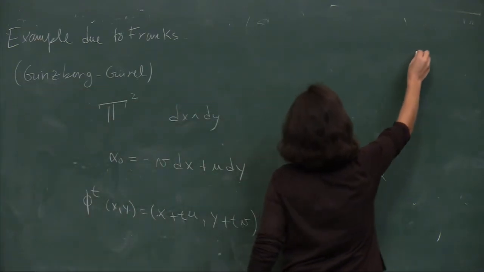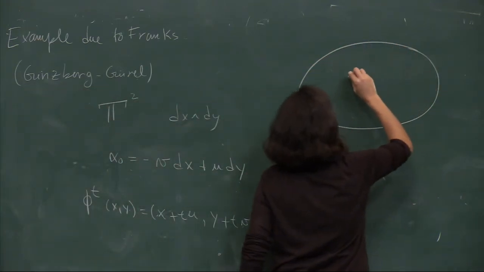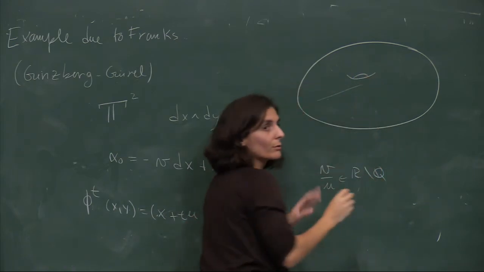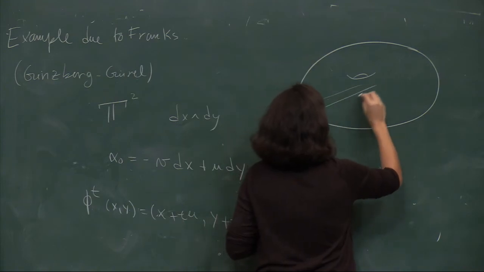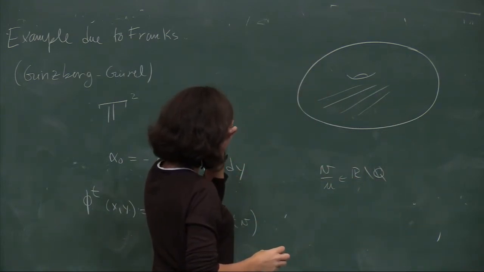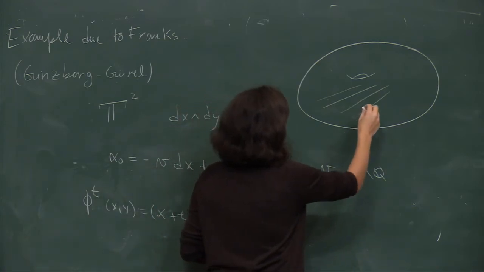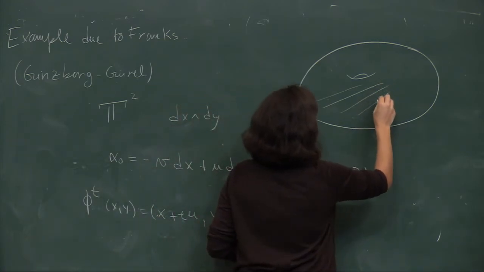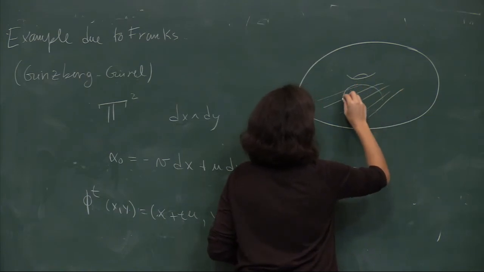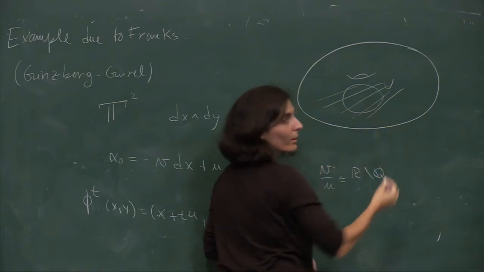Okay, so let's just say I'm here on the torus, and I have here my flow lines. I'll just draw locally what's going on. So what we can do is consider here a small U, a ball or a box, if you want.